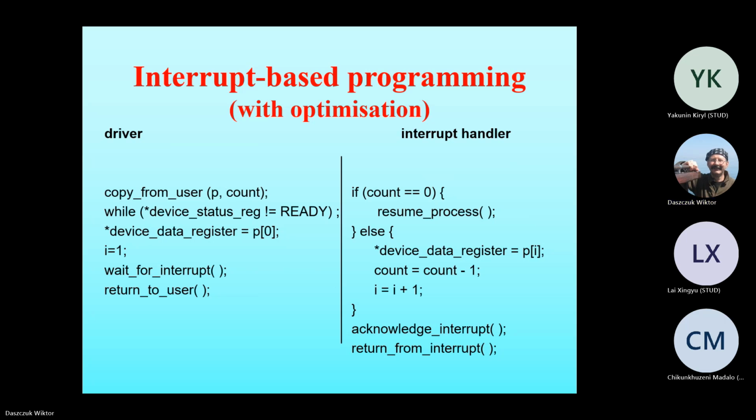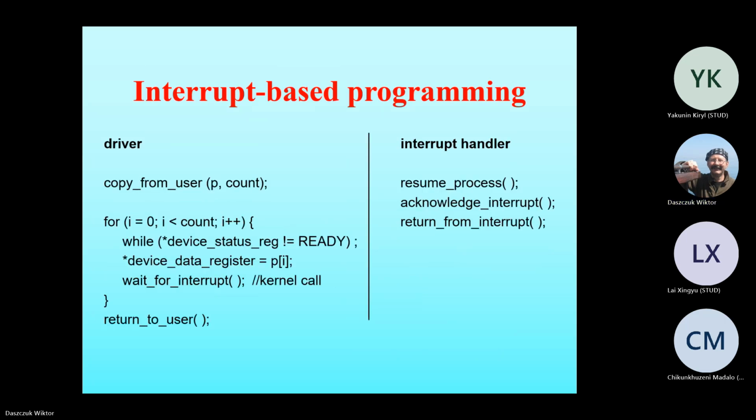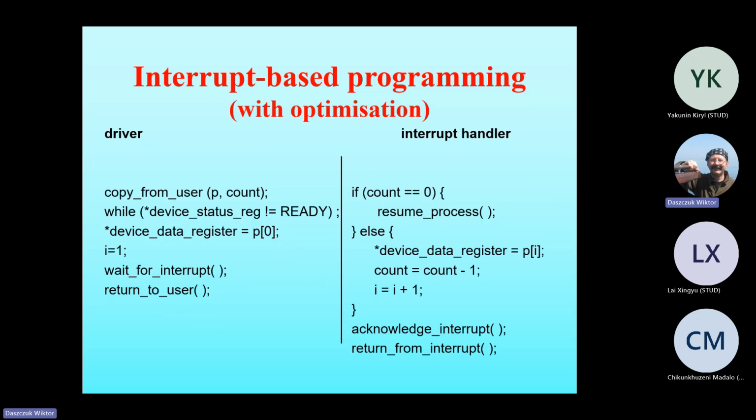However, it is not convenient to raise an interrupt for every character, because you know that every interrupt causes a context switch. That is very expensive. So we can optimize it and send only the first character in the driver.